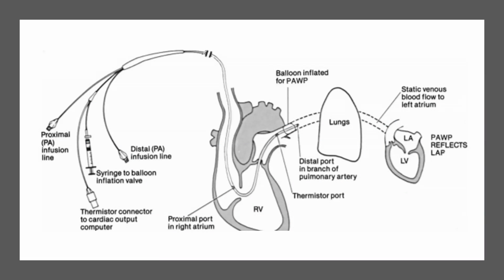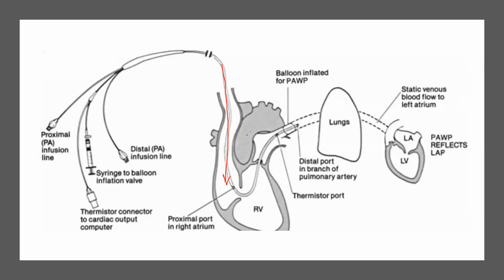Now, when we insert a pulmonary artery catheter, we go to the right atrium, and if we go into the right atrium, as well as the vena cava, we're therefore able to measure right atrial pressures. What is the significance of right atrial pressures? Well, it gives us evidence of the central venous pressure, which actually is a manifestation of preload, cardiac preload.